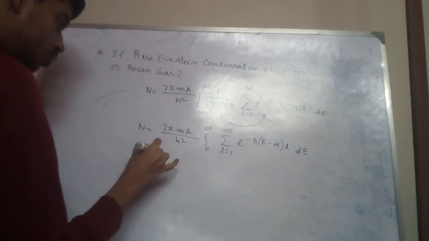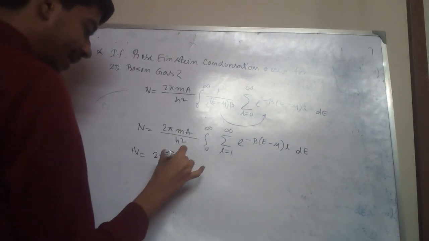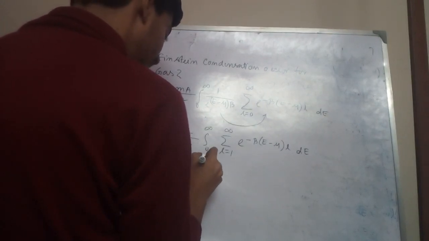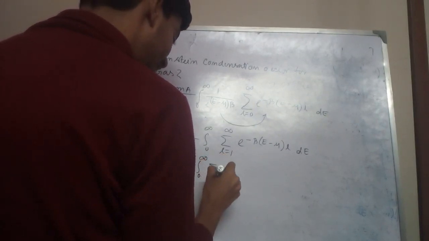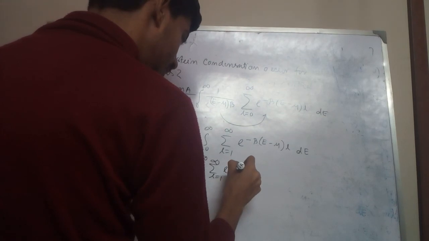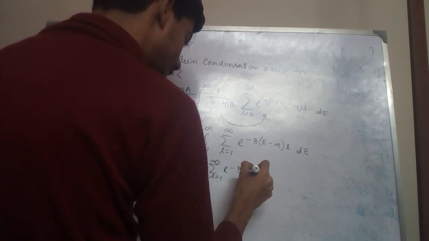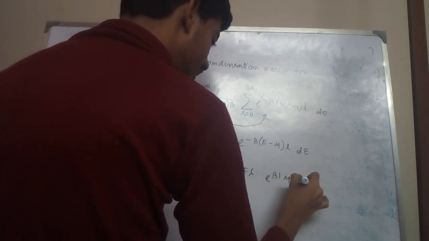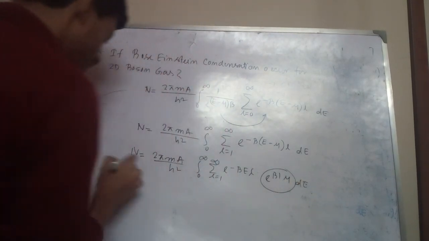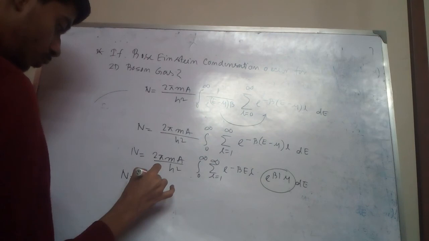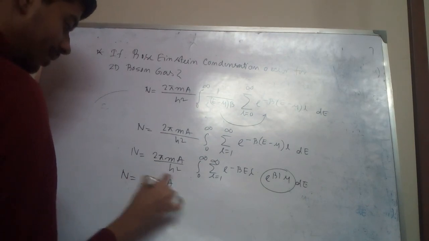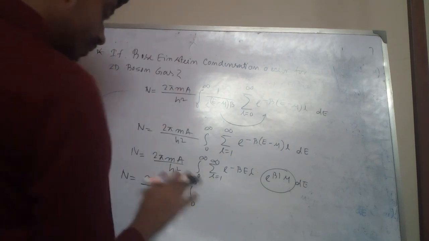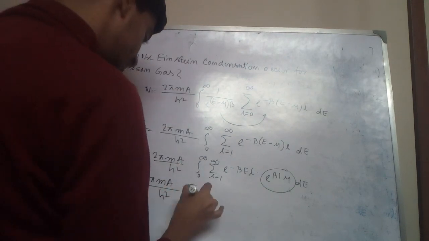So N equals 2 pi mA by h square, integral 0 to infinity. We simply multiply this term: e to the power minus beta E L and e to the power beta L mu dE. This is the constant term.